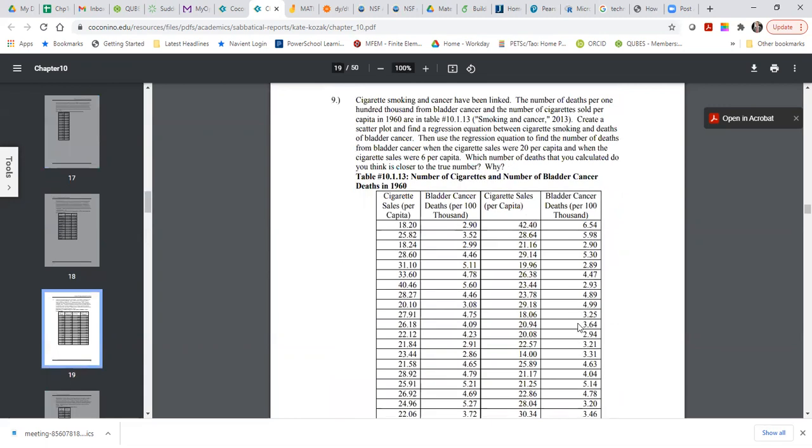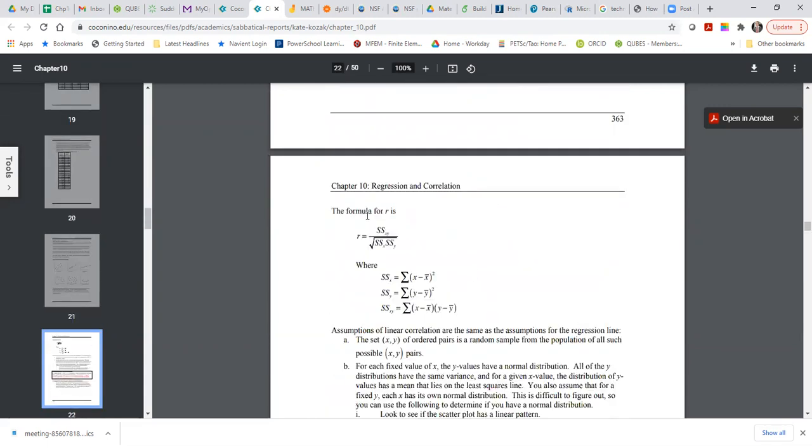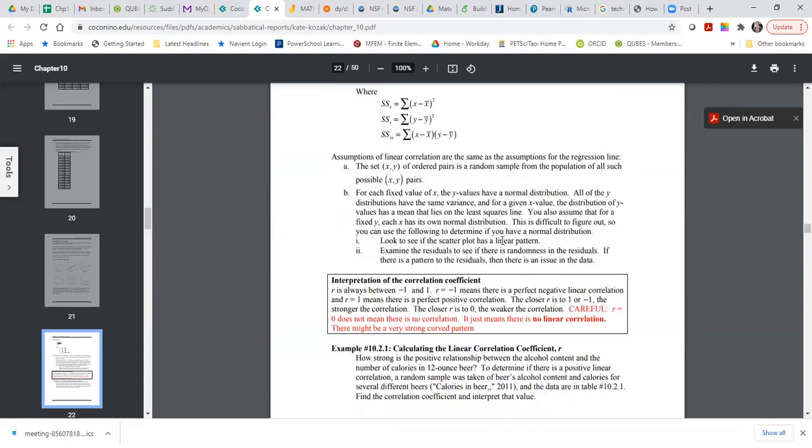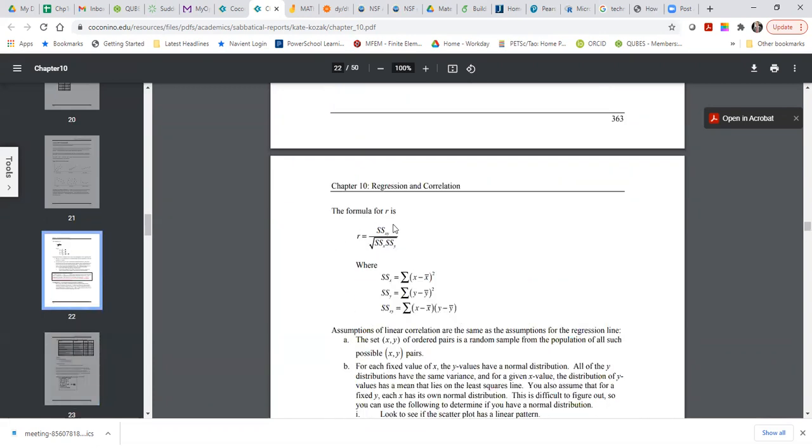Yeah, so this is the formula to find the R. SSxy divided by the square root of SSx times SSy.